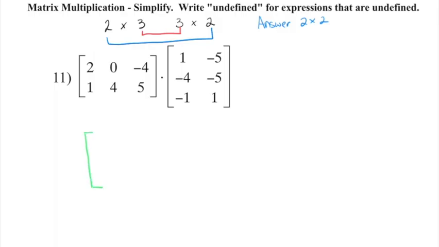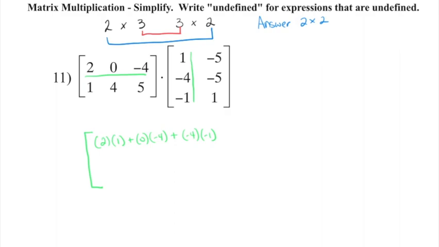So I am going to take my first row and I am going to multiply it by each element in my first column. So I'm going to say 2 times 1 plus 0 times -4 plus -4 times -1. All right? Once you're done with that column, you are done with that element, and you need to move to the next element, all right?